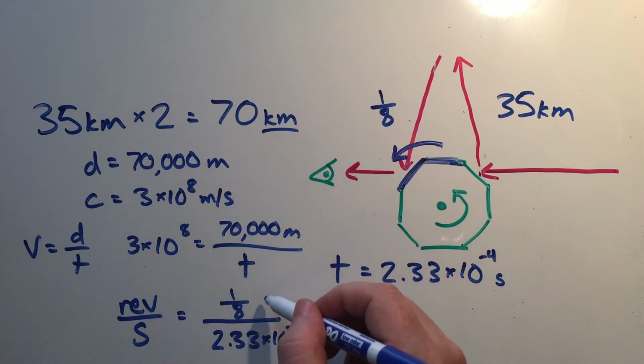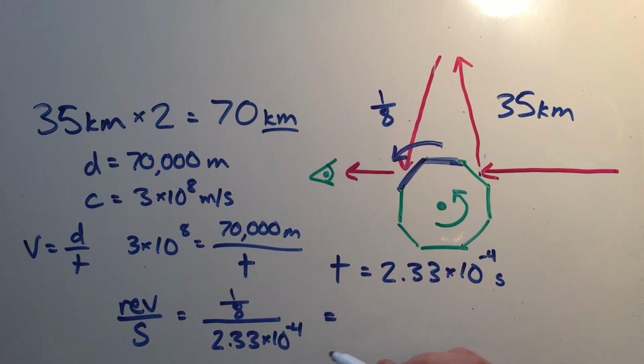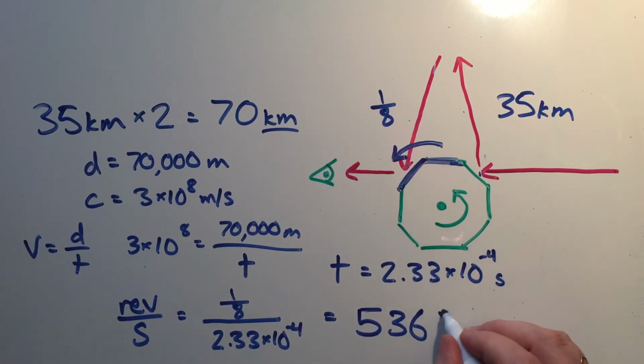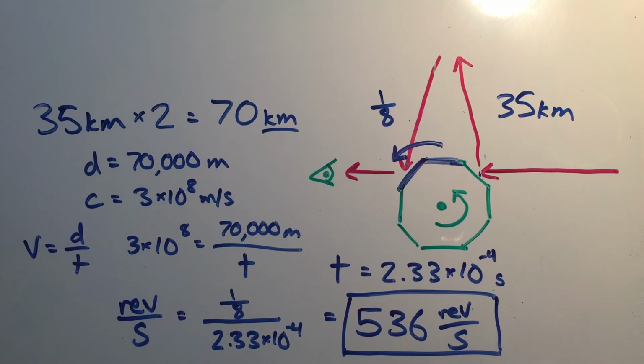If 1/8 revolution takes that amount of time, 1 revolution should take this amount of time. So if you do this math, 1/8 divided by 2.33 times 10 to the -4th, you should get an answer of 536 revolutions per second, which is insanely fast. That's wicked fast.